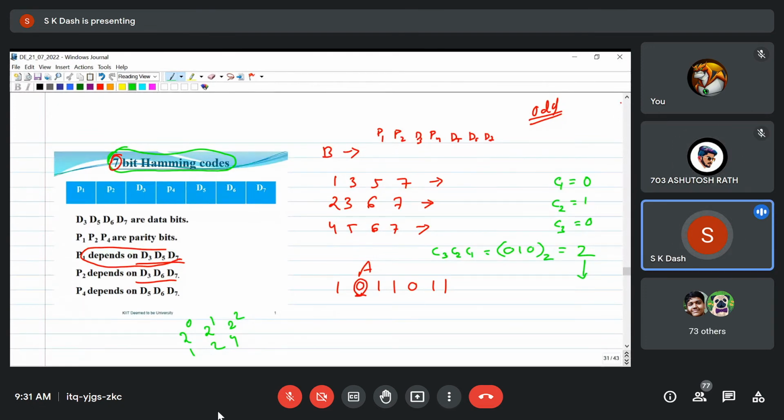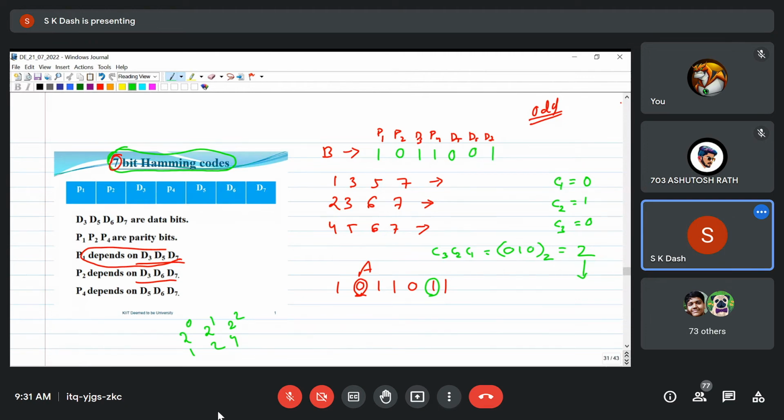Let us go for 6. If the error is in this sixth position, what message will be received in place B? 1 0 1 1 0, and then 0 1.